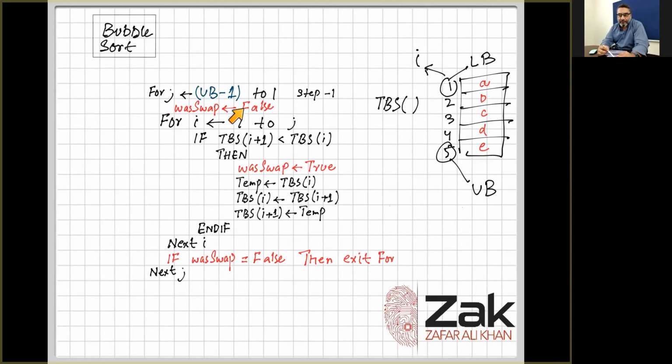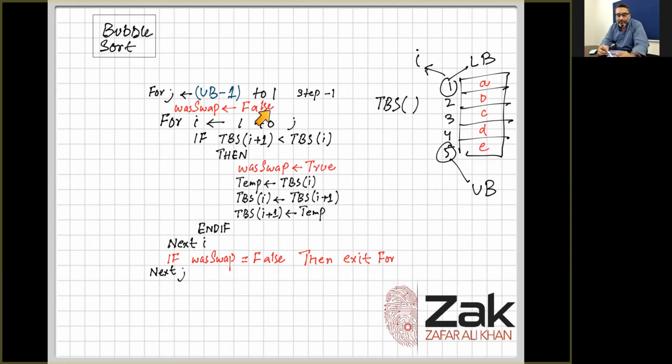So before the inner loop starts, we made this flag false, was swap is false. And if any swap happens, then we made it true. So whenever there is a single swap, it has become true. And if this was not the case, then was swap will remain false.